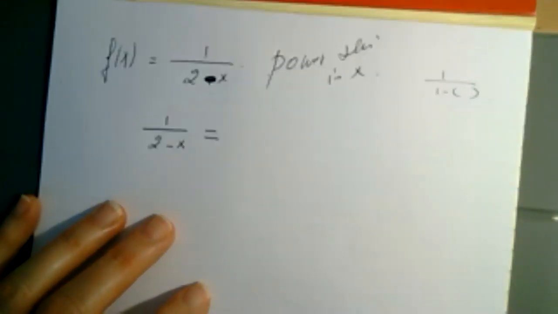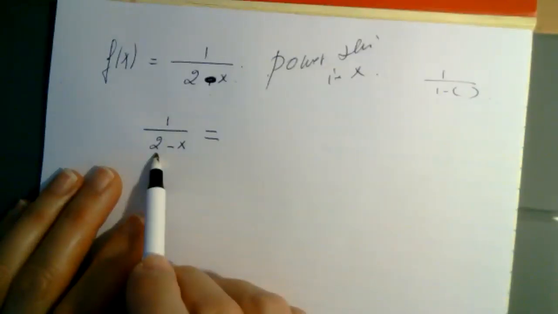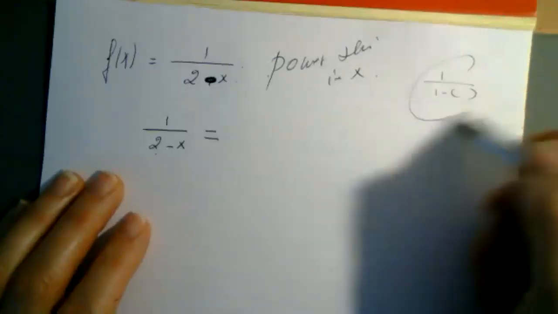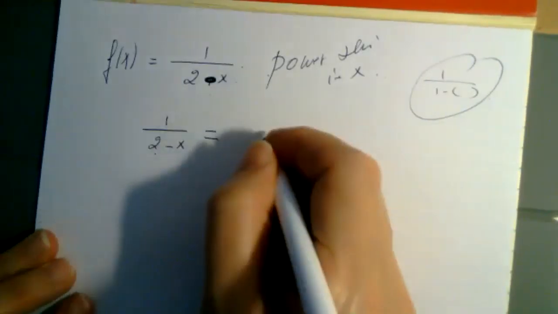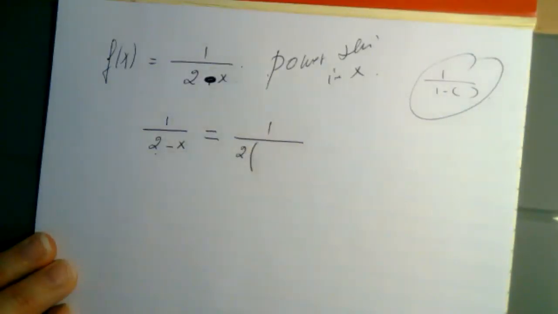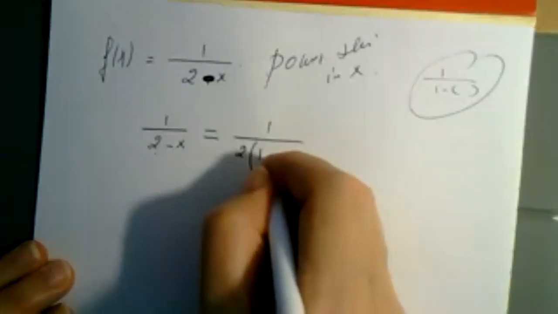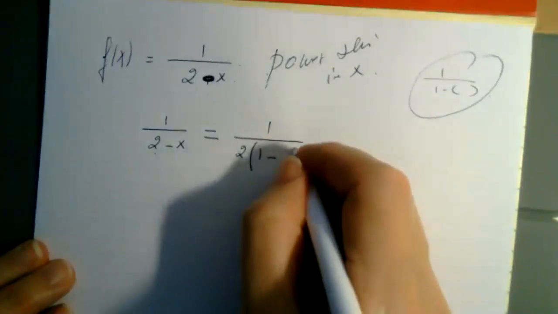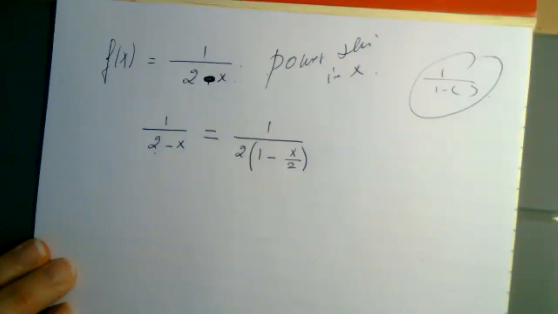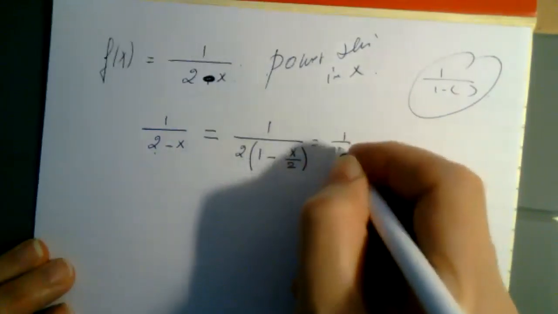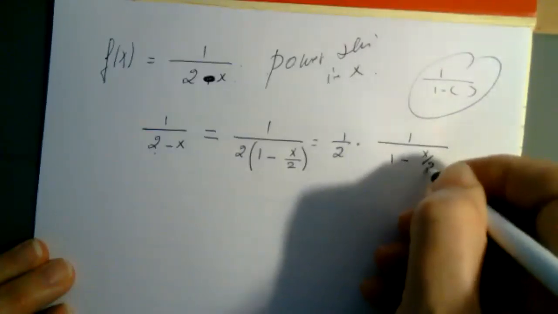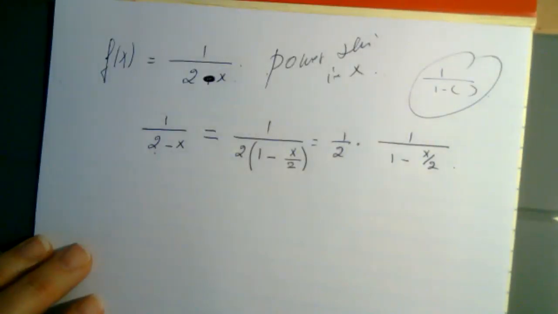Factor out the half. The 2 is bothering me. I want to factor it out, so I can go back to this. So it's going to give me 1 over, I'm going to factor out the 2, and this becomes 1 minus x over 2. So it becomes a half times 1 over 1 minus x over 2.